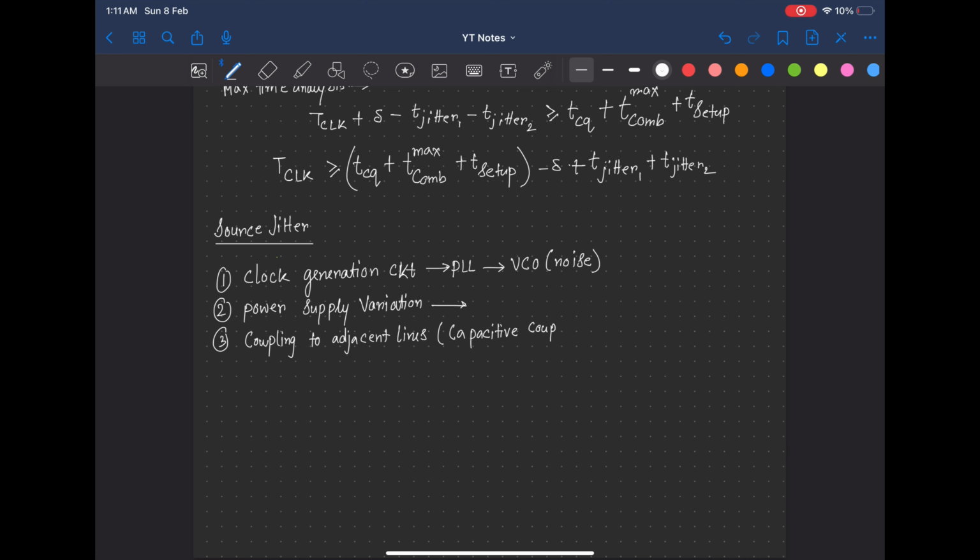So those can be the sources of jitter. Maybe there are other reasons too, but just listen, you don't need to remember these things. Sources of skew are also there, like capacitive load, temperature variation, device or process variation within the same die, and interconnect variation. Those are the sources of skew. And sources of jitter: clock generation circuit, power supply variation, coupling to adjacent line.